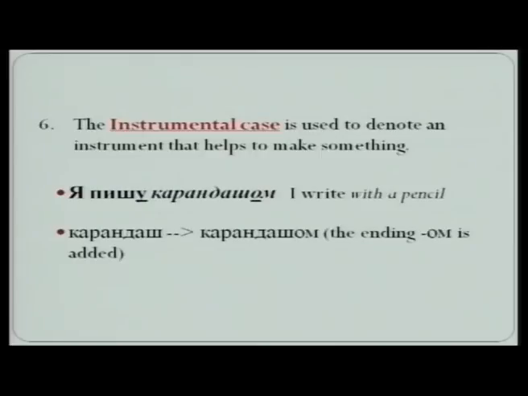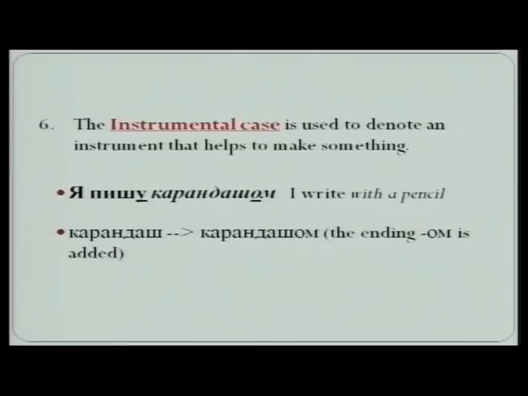The last case in Russian language is called the instrumental case. The instrumental case is used to denote an instrument that helps to make something. What do we understand by this? Let us understand in a more detailed manner with the help of these examples. Ya pishu karandashom.